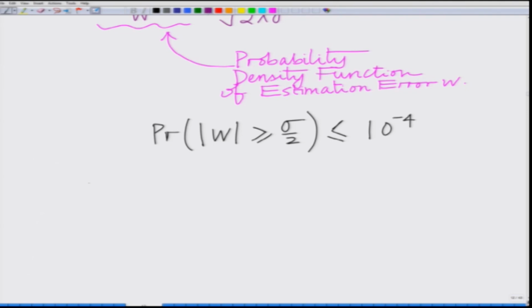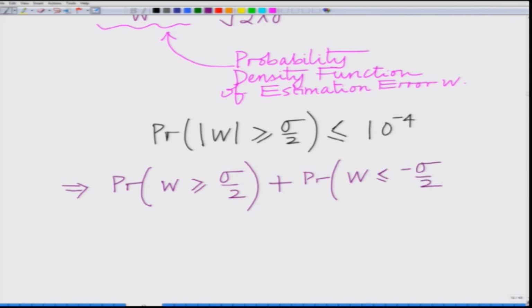Now, the probability magnitude w greater than or equal to sigma by 2 implies either w is greater than or equal to sigma by 2 or w is less than or equal to minus sigma by 2. Okay.